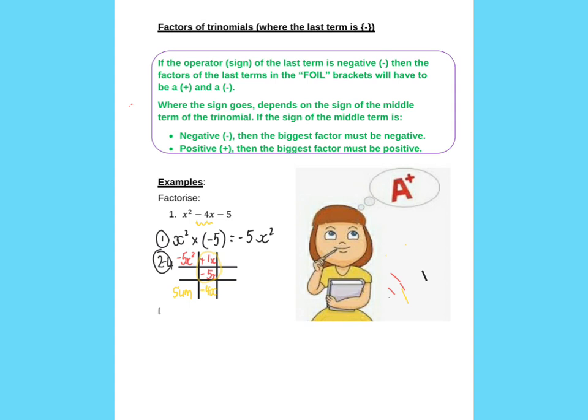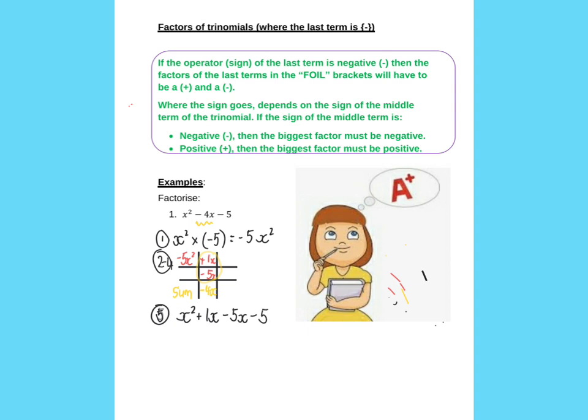Then in step 5, we write the first term again, break up the middle term with the two factors I've just identified, 1x and negative 5x. Then for the last term, we just rewrite negative 5.